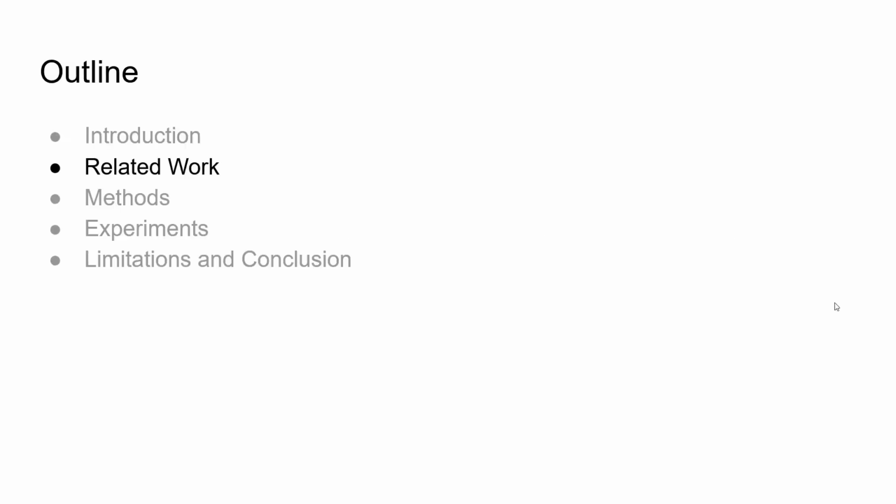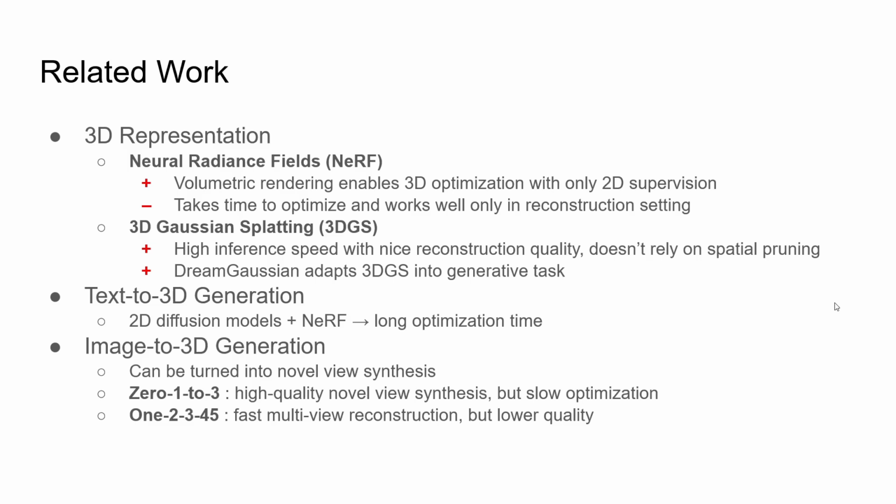Next, we'll go to related work. In 3D representations, we've got NeRF and 3D Gaussians. NeRF is a state-of-the-art in the field with volumetric rendering, enabling 3D optimization with only 2D supervision.